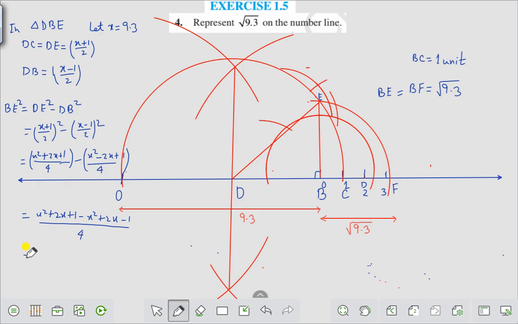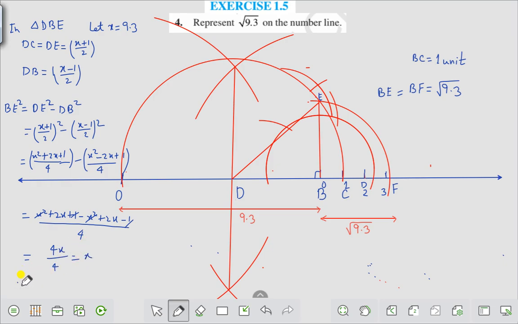Then x square will cut, and plus 1 minus 1 will cut. Then we are getting 4x by 4, equal to the value of x.